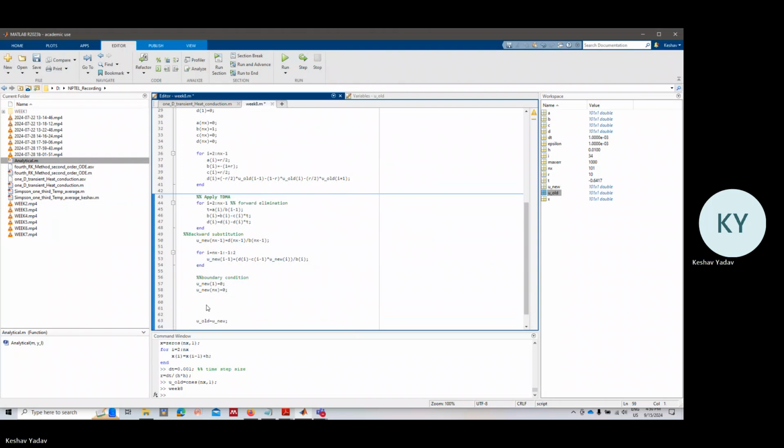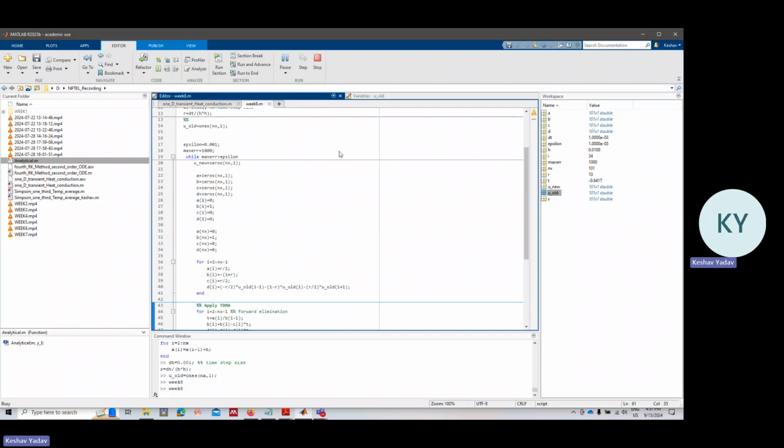So max error will be equal to the maximum of absolute of u new minus u old. Okay, so this will be my maximum error. Now if I run this, so it has run now.